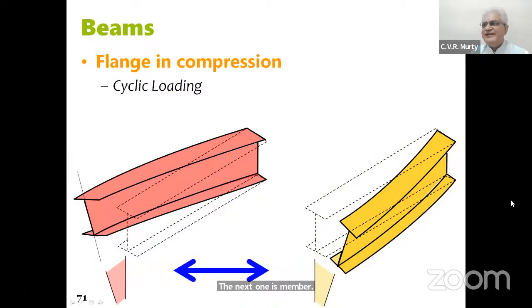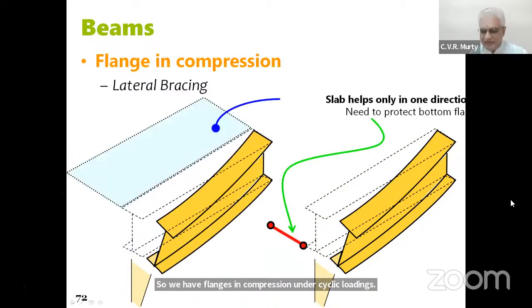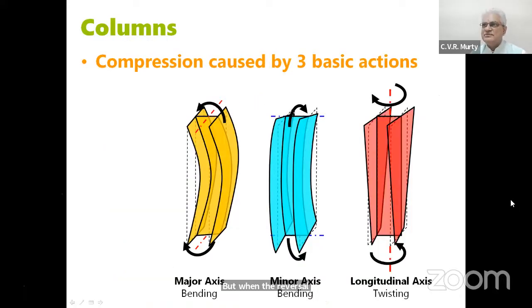So we have flanges in compression under cyclic loadings. They'll go back and forth, and lateral bracing is possible by the slab in one case, but when the reversal happens, you need some support at the bottom flange also. Columns have three basic actions: bending about major axis, bending about minor axis, and twisting about the longitudinal axis.